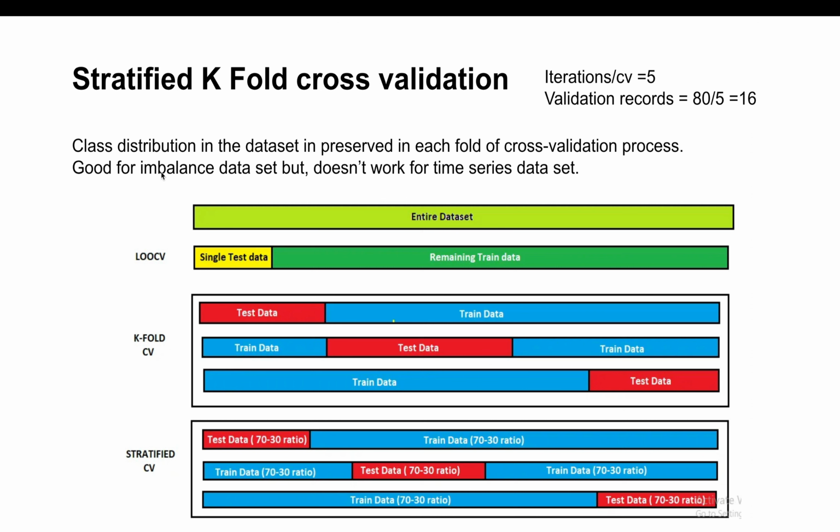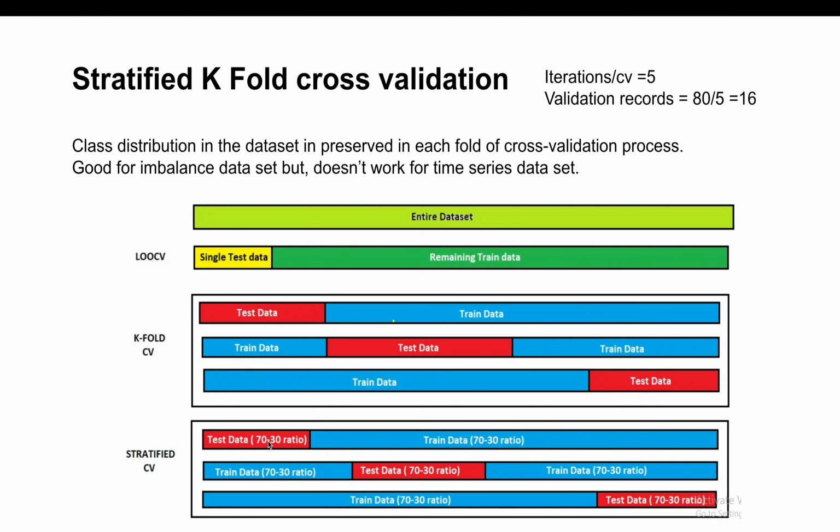So if you see the first one that we discussed, you use a single test data set and then you iterate. Then you have your KFold as well. In the KFold, you can see diagrammatically what is represented here. We have already discussed it. Similarly, stratified is the same as KFold, just that we have defined the ratio.